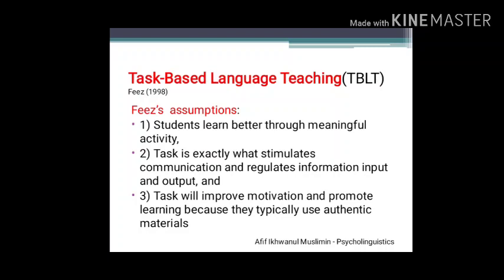And the next one, tasks stimulate communication and regulate information input and output. So it means that a task will trigger someone to use the language. Tasks are also challenging. That's why tasks also create input and also output. For example, your mother asks you, please take a pan in the kitchen.